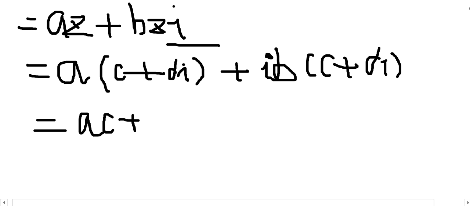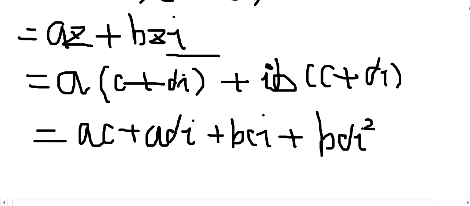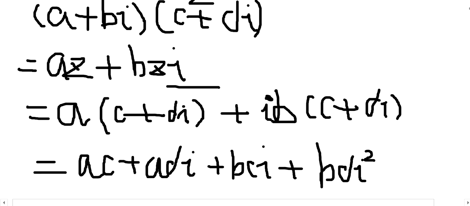Now a, b, c, d are all real, so we represent the complex number in terms of real parameters. adi plus, I'm sure you can do the calculation, plus bdi squared. Now we have 4 terms, and this makes sense because there are 4 terms in total in the original calculation.